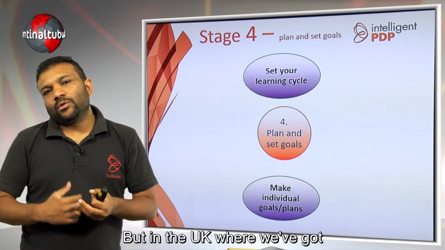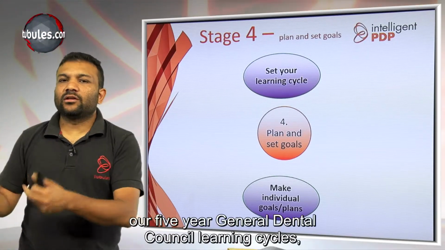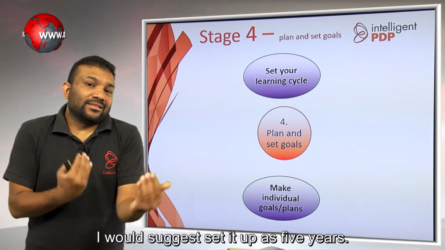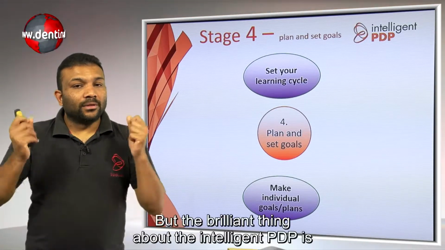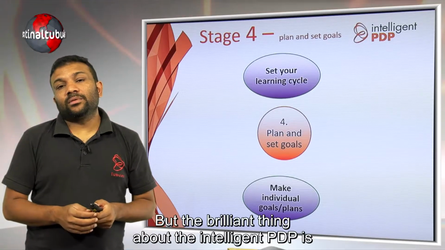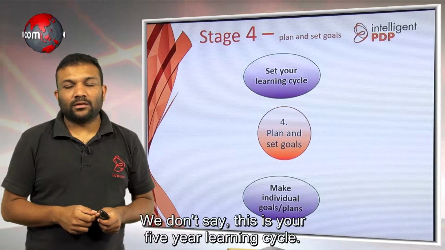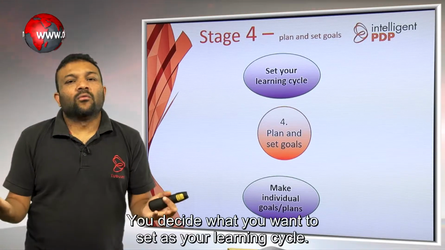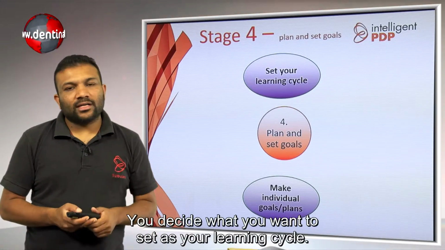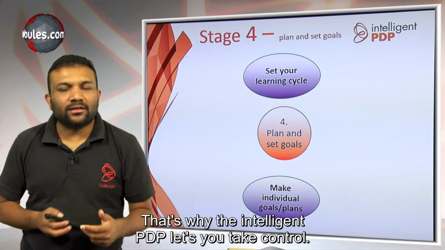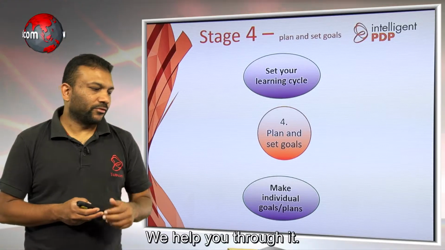But in the UK, where we've got our 5-year General Dental Council learning cycles, I would suggest setting it up as 5 years. But the brilliant thing about the intelligent PDP is we're not prescriptive. We don't say this is your 5-year learning cycle. You decide what you want to set as your learning cycle. That's why the intelligent PDP lets you take control. We help you through it.